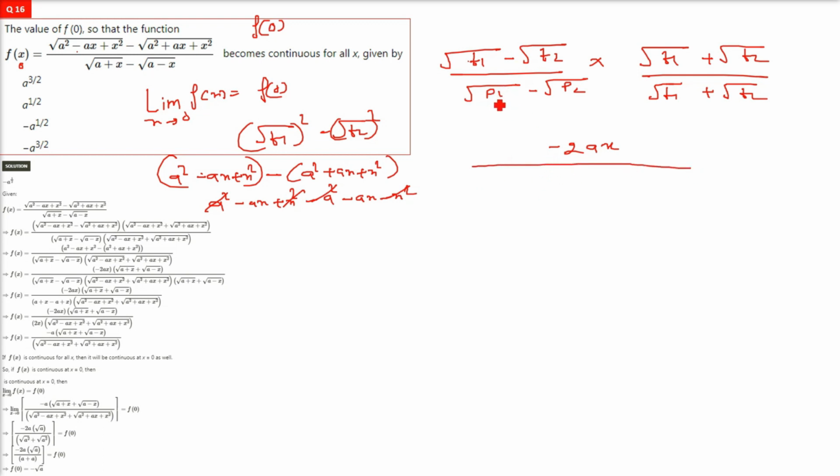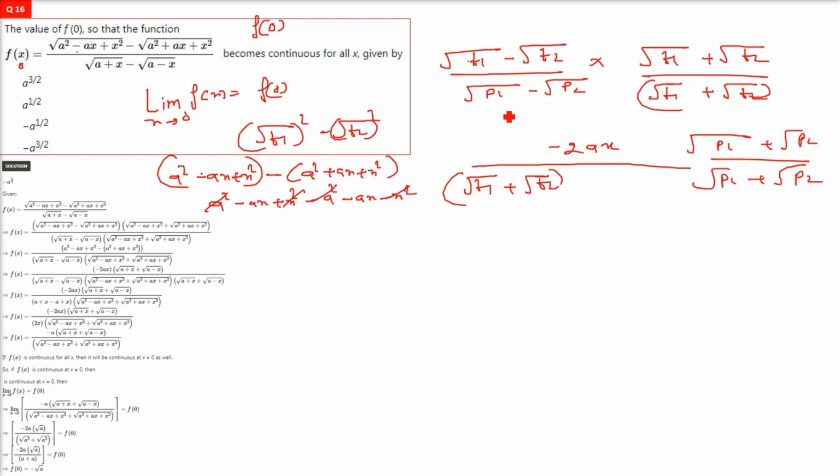So what is remaining here is under root p1 minus under root p2. I have assumed p1 as a plus x and p2 as a minus x. So root t1 plus root t2 will remain, and I am going to rationalize this denominator. So let us rationalize it first. So same thing, when it is a negative sign, you just multiply it with the positive sign. So root p1 plus root p2, and here also root p1 plus root p2, just multiply this.